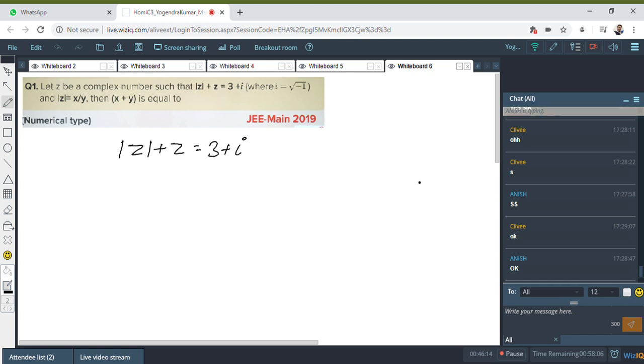Anish is typing. Substituting what? Oh okay, you mean to say you tried substituting mod z here? No, that is not a good idea.